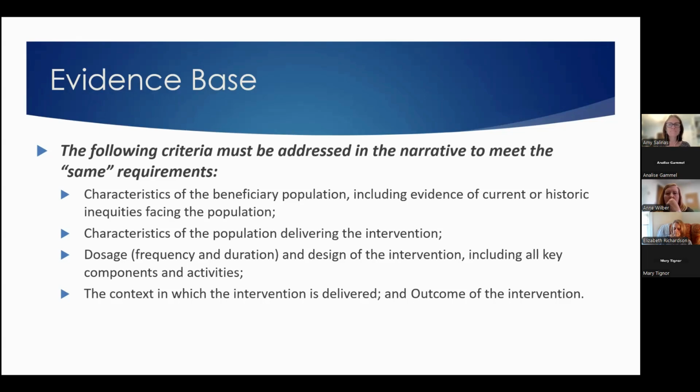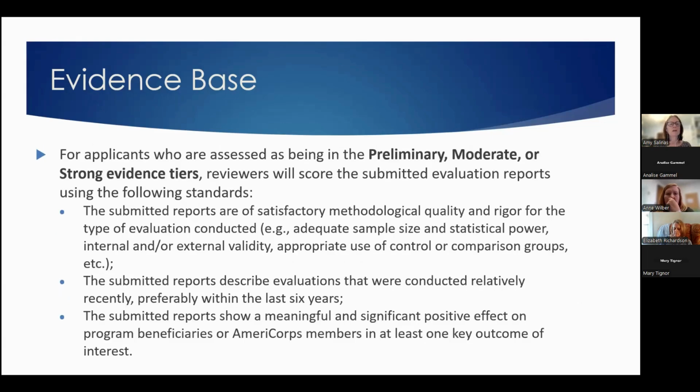And then in the information, there are quality elements that they'll look for. If you're proposing a preliminary, moderate, or strong evidence level, they're going to rate that on things like: are the reports submitted? Do they match what you should have submitted? Are they done within the last 6 years? Do they show some meaningful and significant effect on either beneficiaries or members that you have outlined in your logic model?